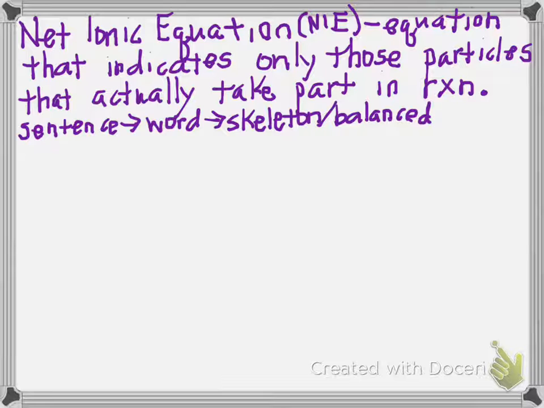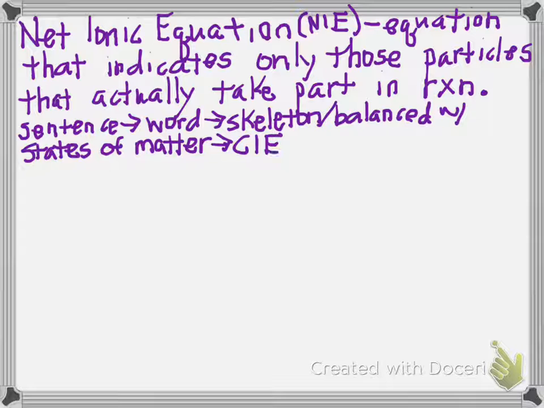Now we have to include the states of matter, only when you're asked to do a net or complete ionic equation. From our skeleton equation, we did our complete ionic equation. And now we are going to take that complete ionic equation to a net ionic equation. Okay, so this is kind of the process that we've gone through.